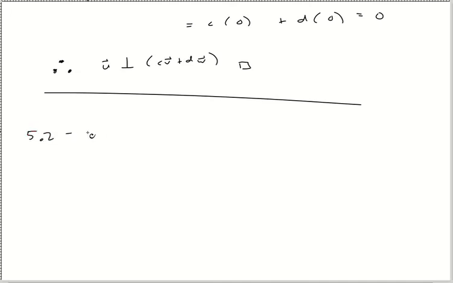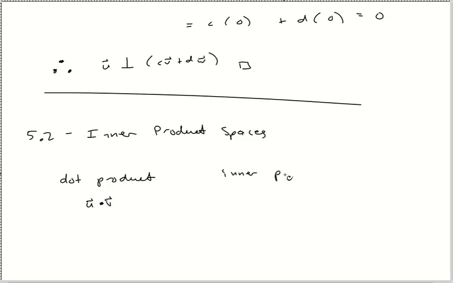Next section, 5.2, inner product spaces. Okay. So we already saw the dot product, and we'll be continuing to use that as we keep going. That's my u dot v here. Okay. An inner product is very, very similar.